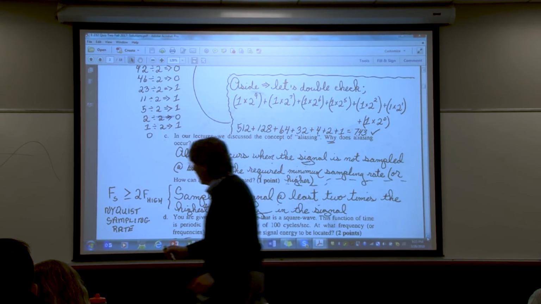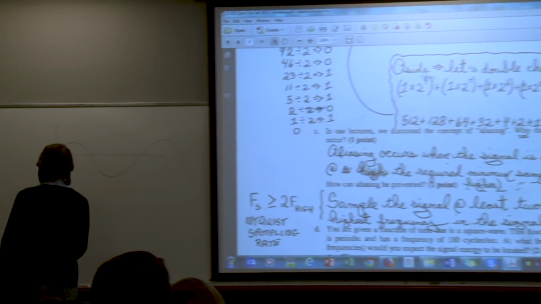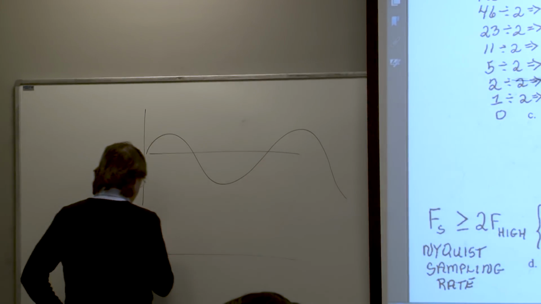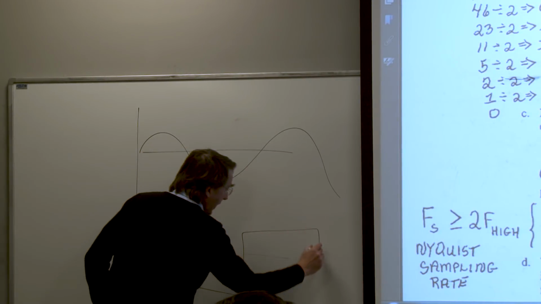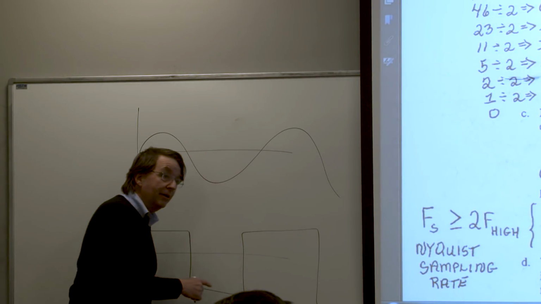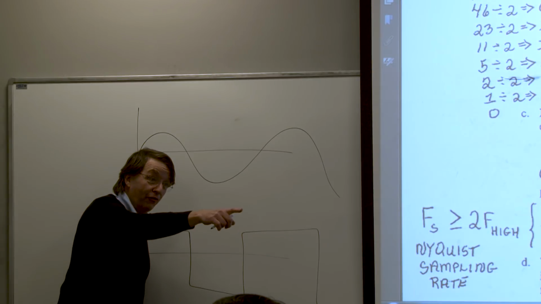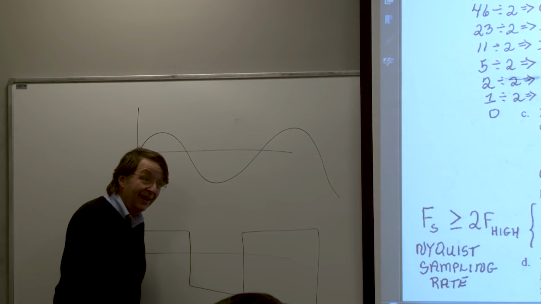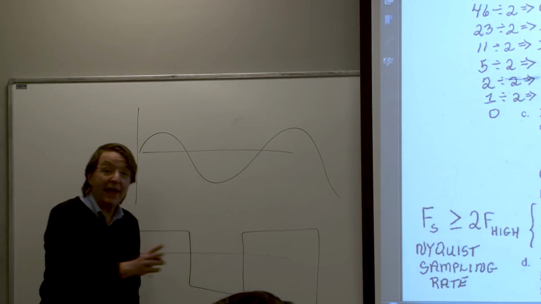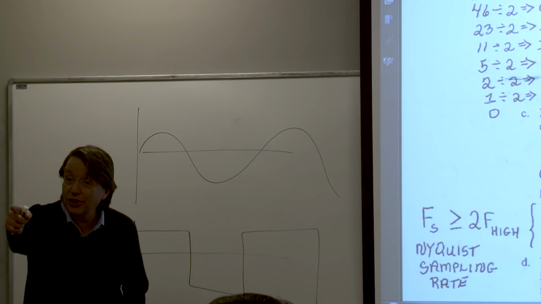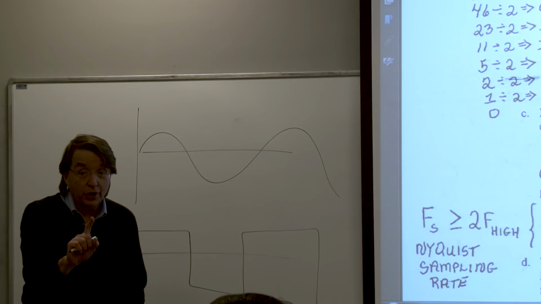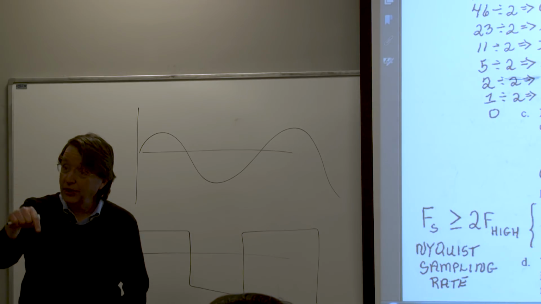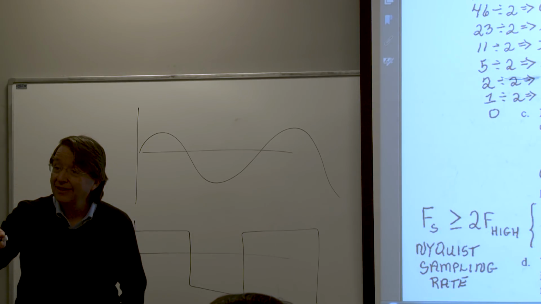If I now have a square wave, and the square wave has 100 cycles a second, I say, wait a minute, I know an old friend, Fourier. Fourier said we can write this as a sum of sines and cosines. And where is the energy for a sine or a cosine? At the frequency of the sine or the cosine.